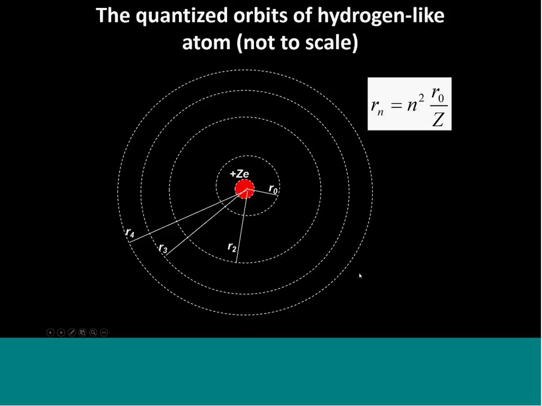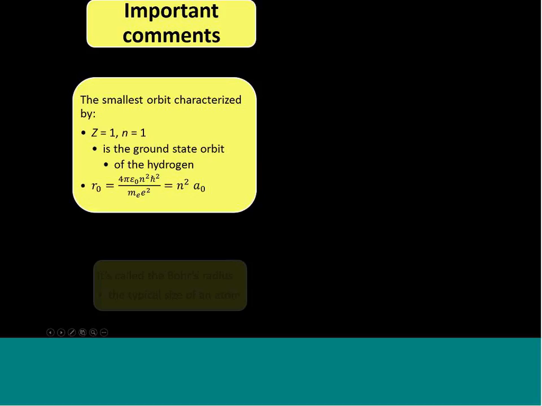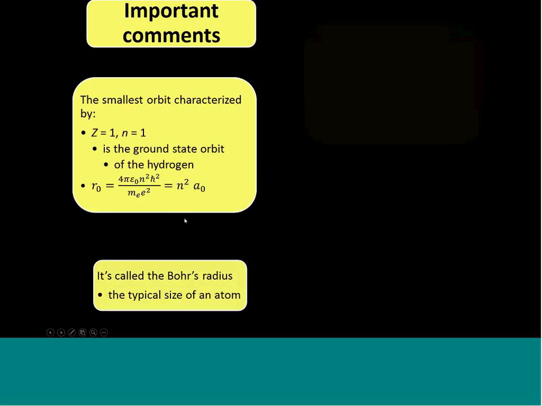Okay, kita ambil yang ni. The quantity of hydrogen like atom. Kalau R ni yang mula-mula tadi, n equal to 1, 2, 3 and so on. To comment, the smallest orbit characterized by Z equal to 1 and n equal to 1 is the ground state orbit of the hydrogen, called the Bohr radius.